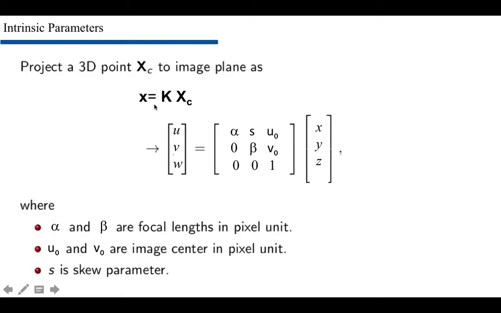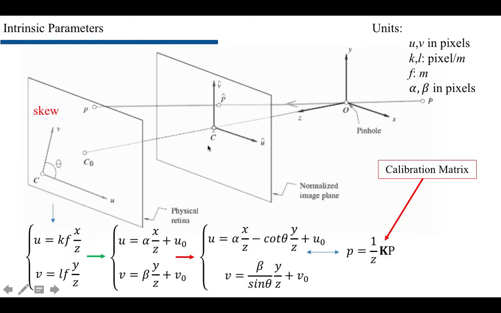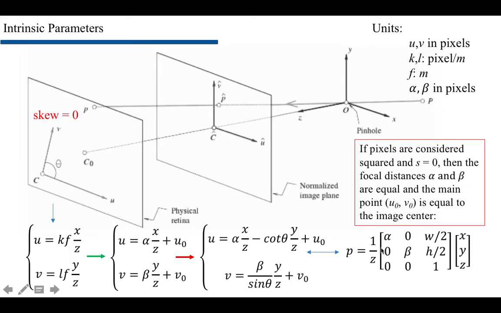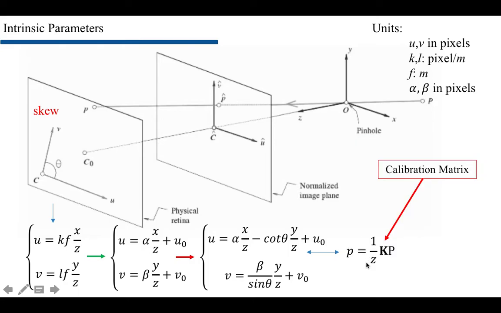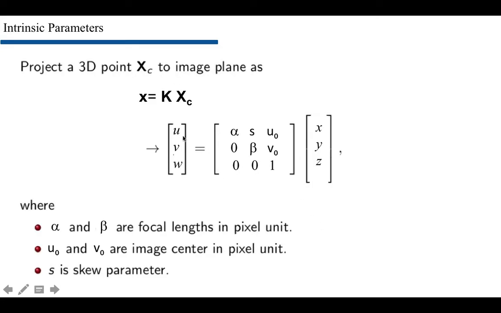We can implement that by doing a multiplication of x, y, z times K. This is the calibration matrix, but the result, as you see here, is missing one term: 1 divided by z. This is not a problem, just a simplification. What we will have is u, v, and w, and this new value, which won't be 1 after doing the multiplication, is called the scaling factor.